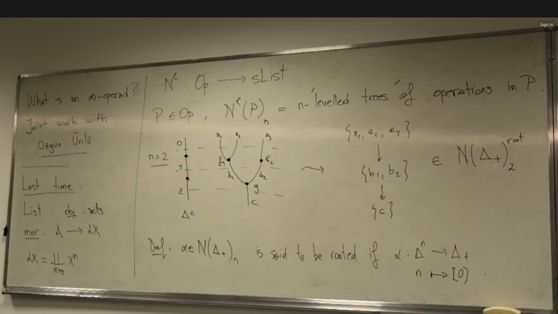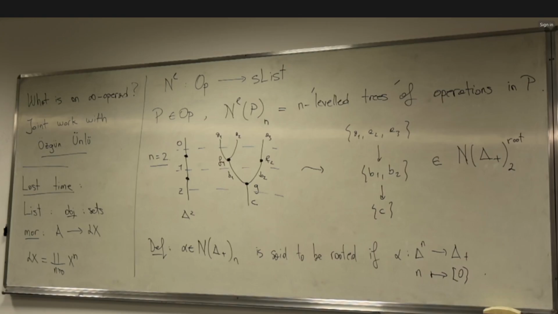We have two sets, M0 and M1, which we can think of as colors and operations.